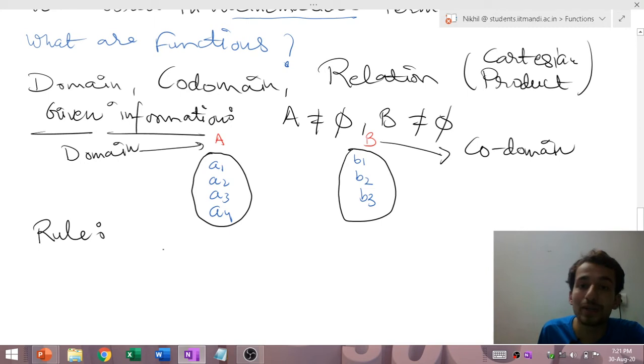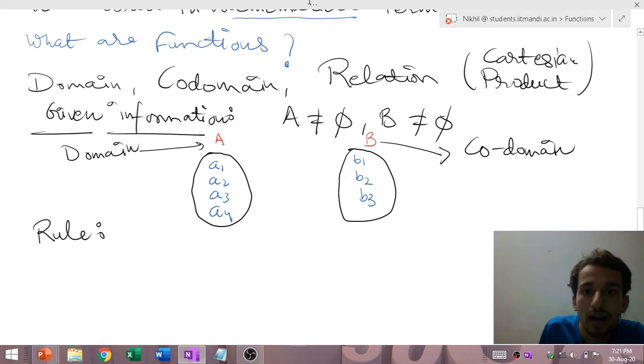So this rule says that every element of the domain will be assigned to only a single element of the codomain uniquely. Just try to listen to it again: I am saying that every element of the domain, what are the possible choices which we have? A1, A2, A3, A4. These 4 elements can be assigned to only one single element of the set B. Now I am using the term assign or assignment.